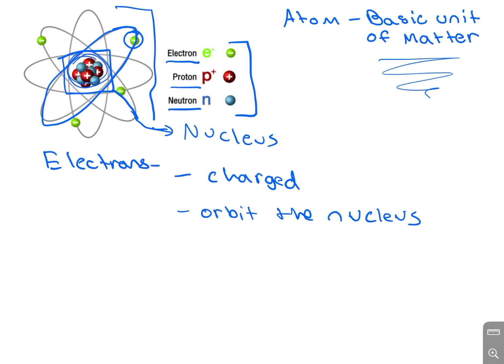These paths that they're taking, we refer to them as orbits, and there are electrons on there. These are the path the electrons take. These electrons orbit the nucleus in, I'd say, a cloud of negative charge.